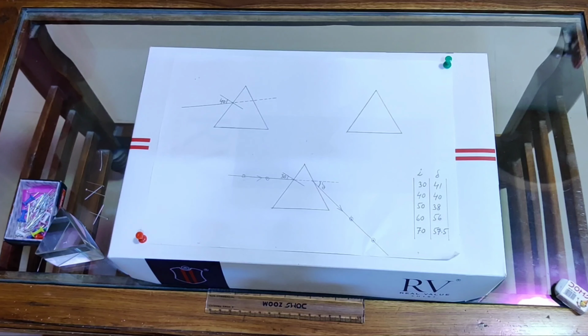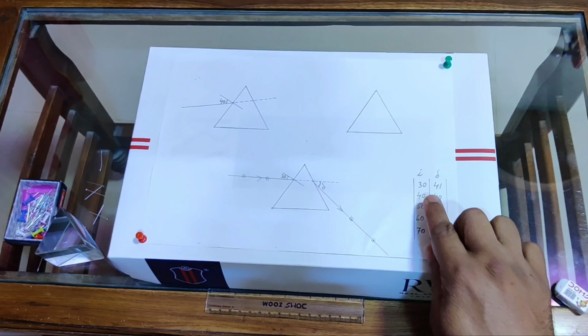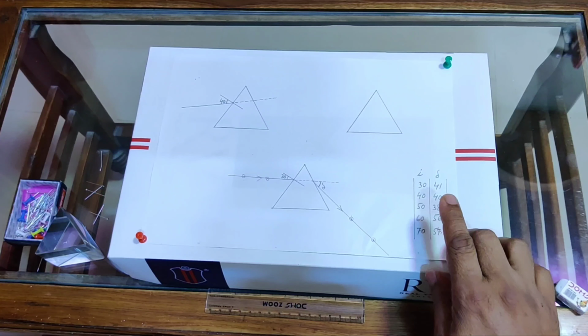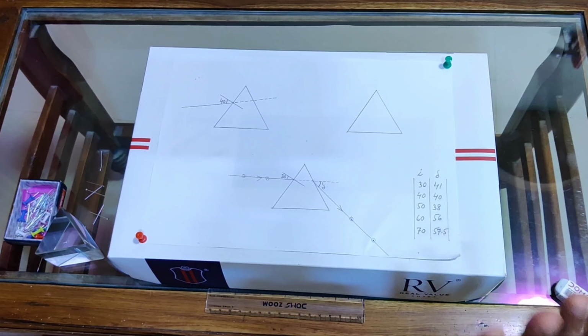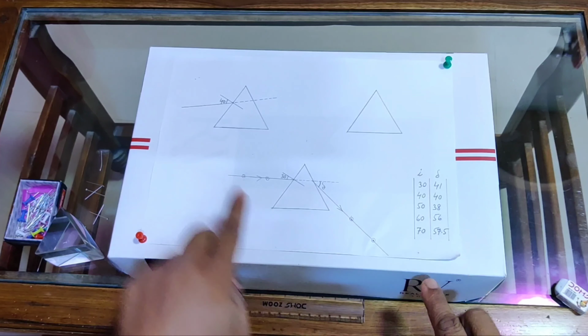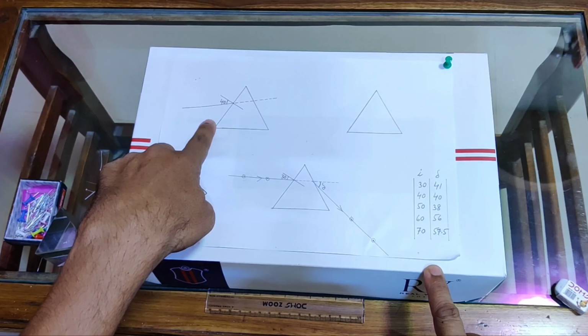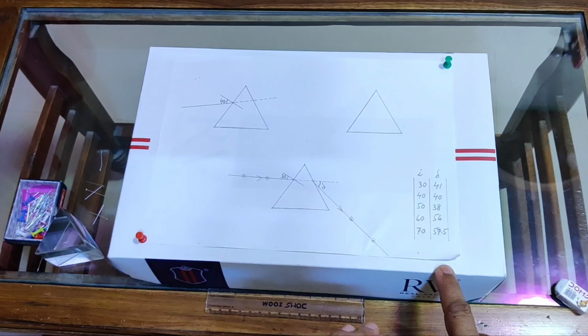The same thing you have to do with the rest of the angles of incidence. You have to take 40 degrees, 50 degrees, 60 degrees, 70 degrees. Minimum 5 readings we should take so that we can easily plot the graph. So for 30 degrees we did. For 40 degrees we have to do the same procedure, same method.